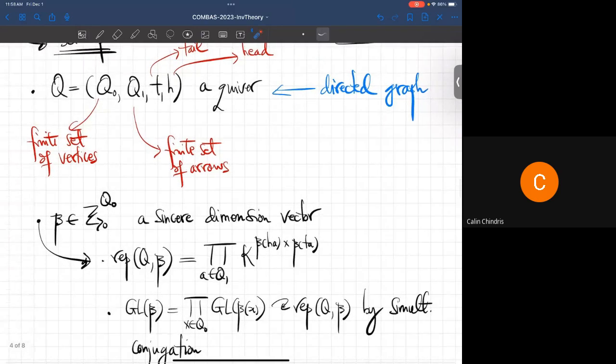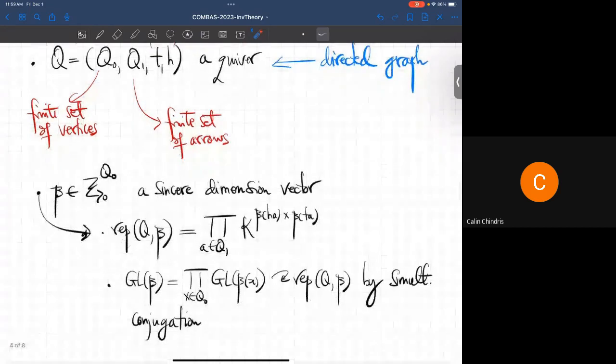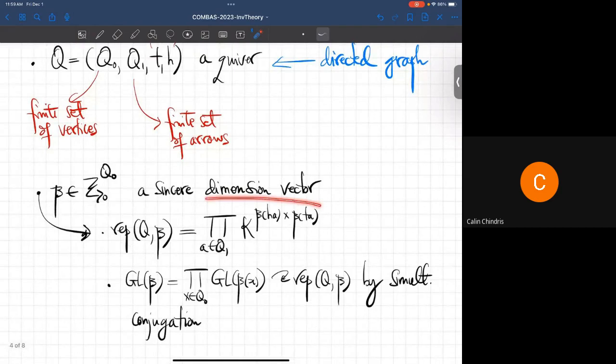And once you fix this very basic numerical invariant, just a dimension, it makes sense to collect all the representations of Q that have dimension vector beta and construct this affine space, in this case, because we have no relations. This is defined to be a product of spaces of matrices.